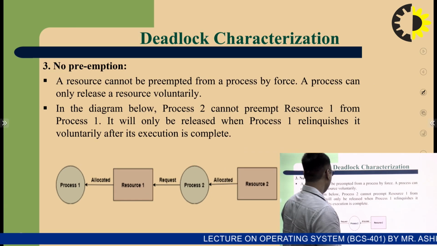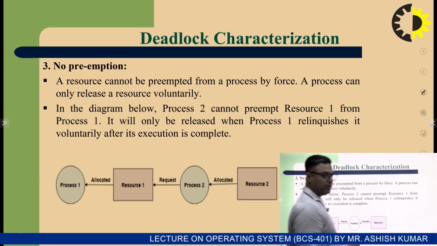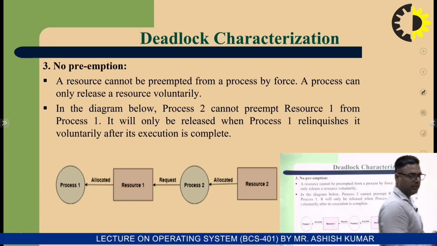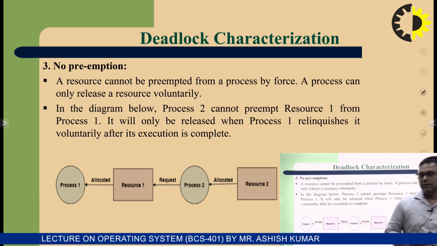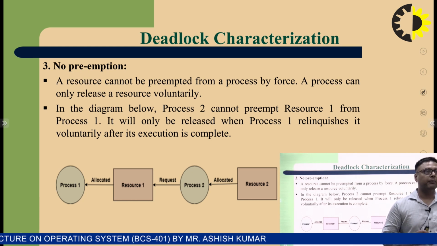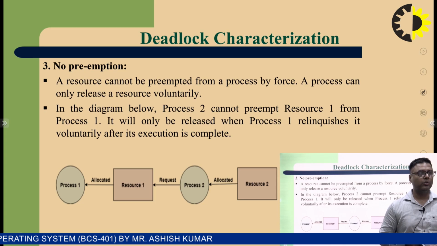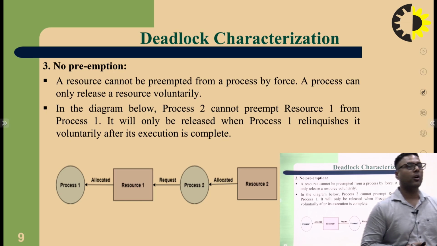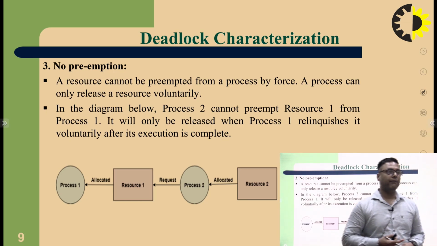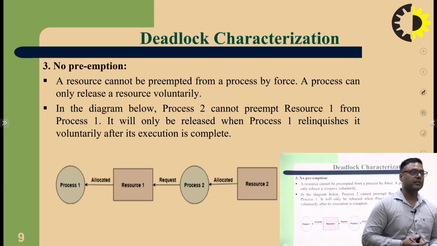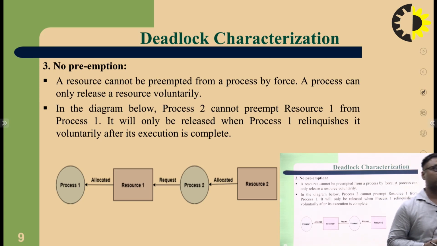No preemption. If a resource is allocated to a process and the process has not finished executing, the resource is not released. No interruption is possible in the no preemption condition. A running process is not interrupted, and after completing, it releases the resources.